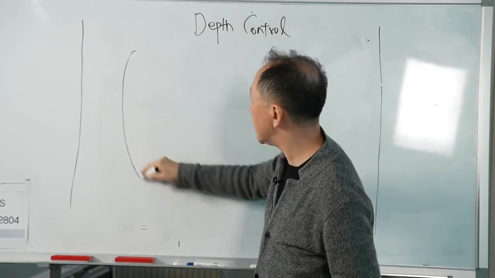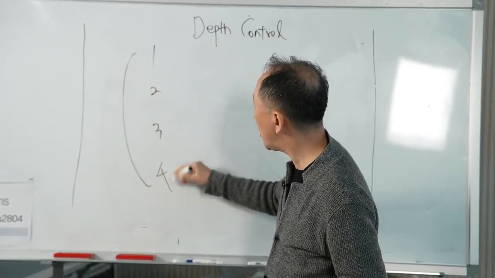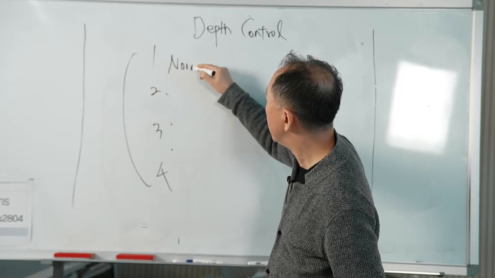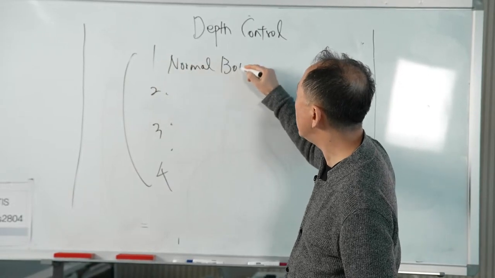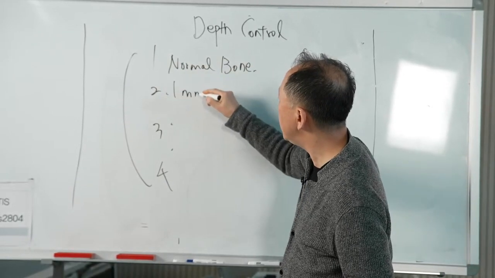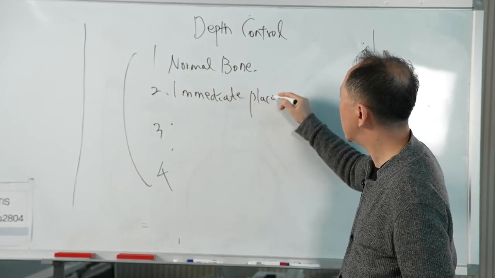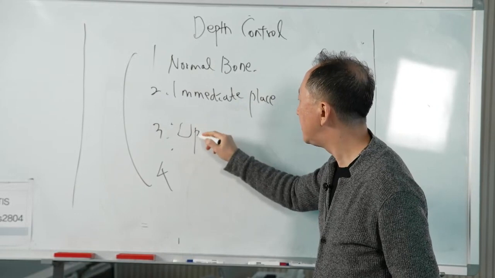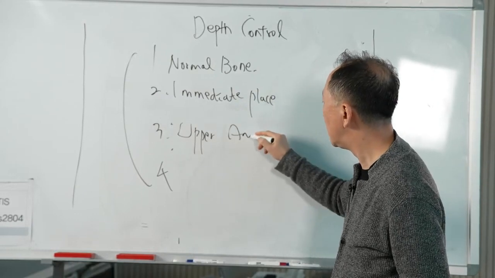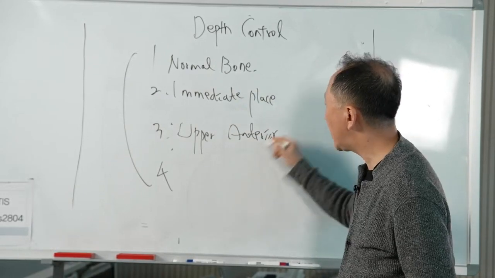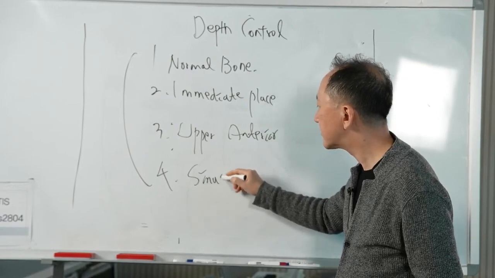There are 4 situations. First one, normal bone. Second one, immediate placement. Third one, upper anterior. Now the final one, sinus area.